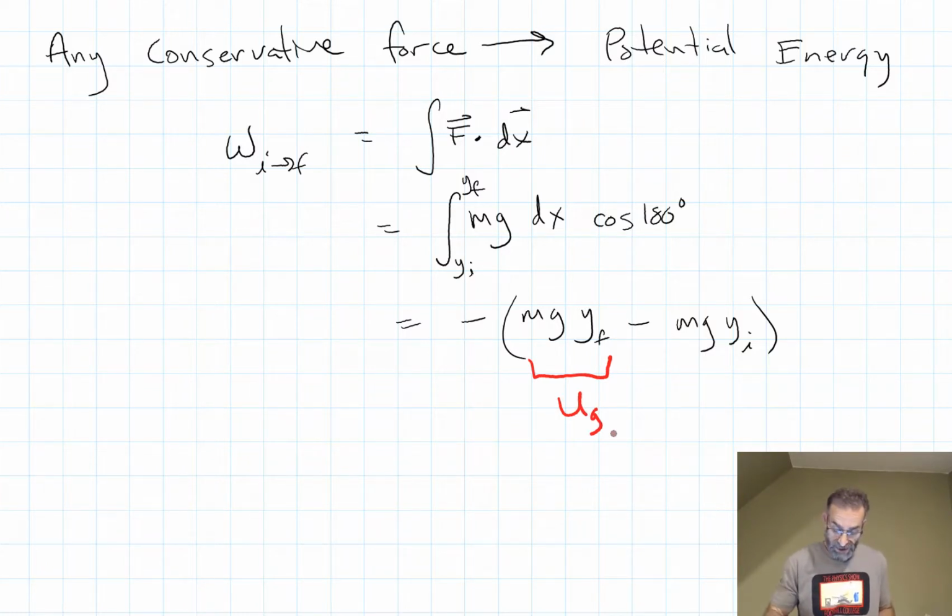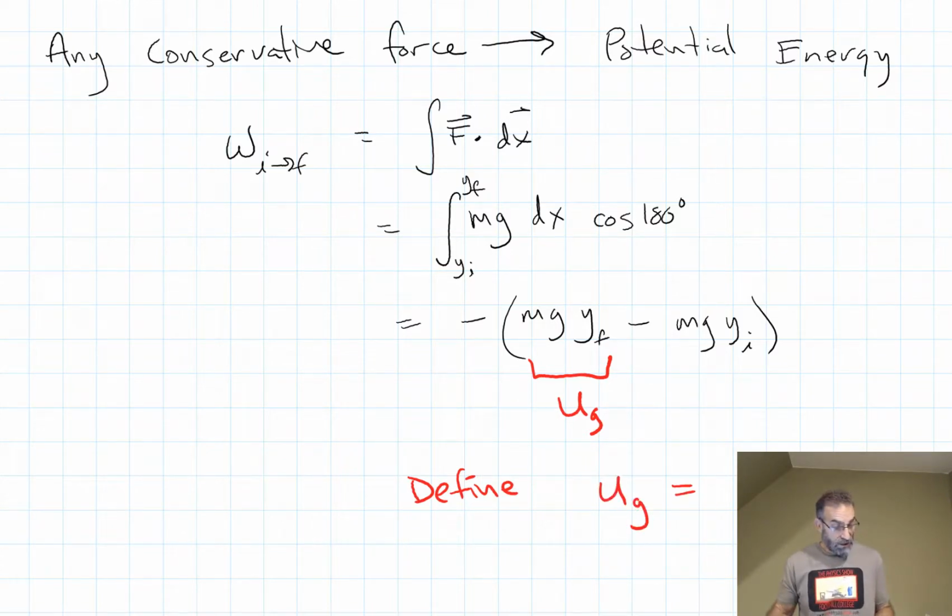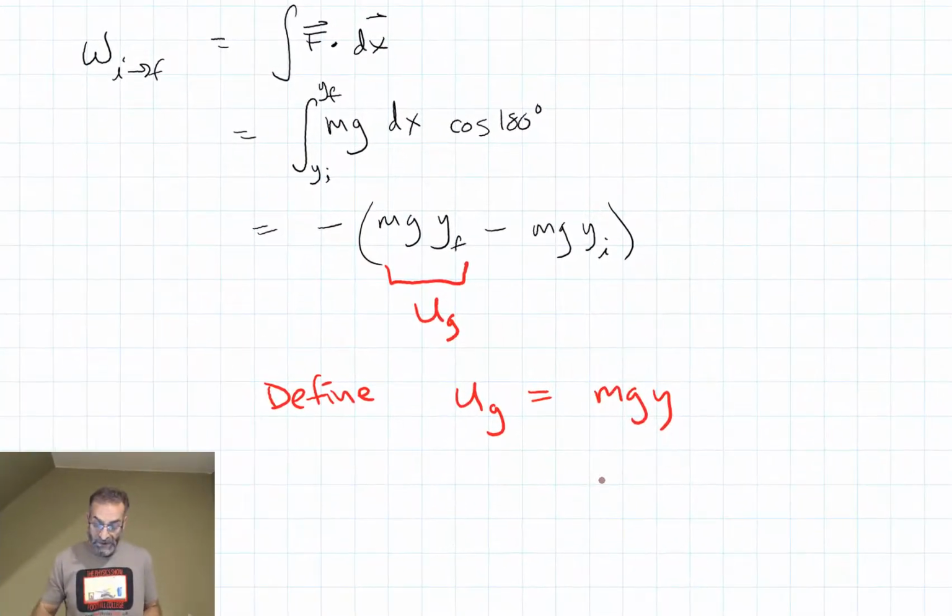We'll define it right here. Define our potential energy, and work is going to be equal to negative delta U. So the work done by gravity is negative the change in gravitational potential energy.